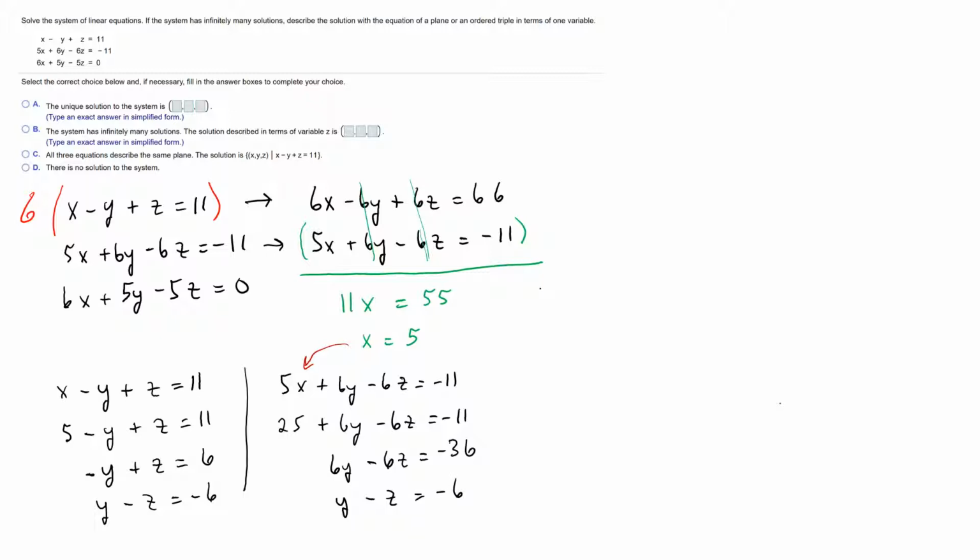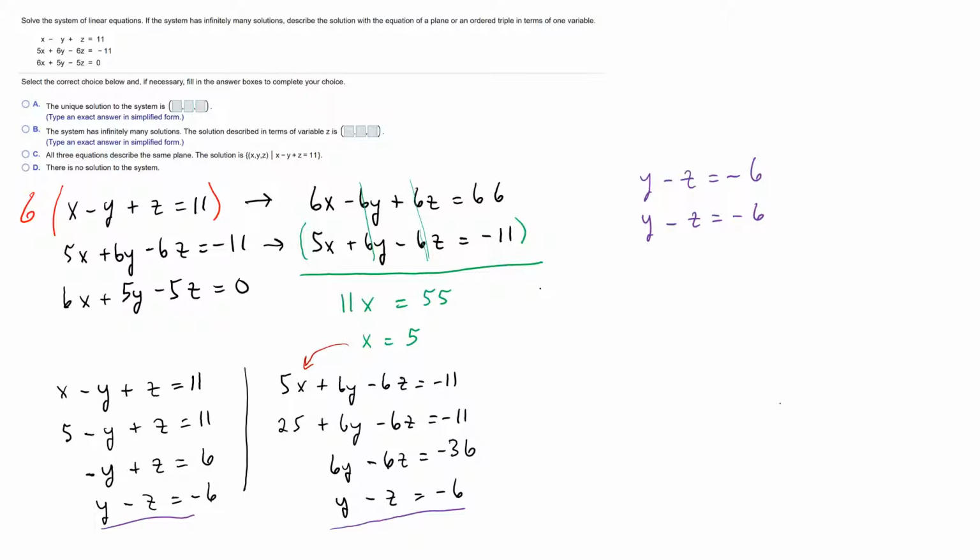Alright, so what we would now do is take these two created equations, and we would have a system with two variables in it. We have y minus z equals negative 6, and y minus z equals negative 6.